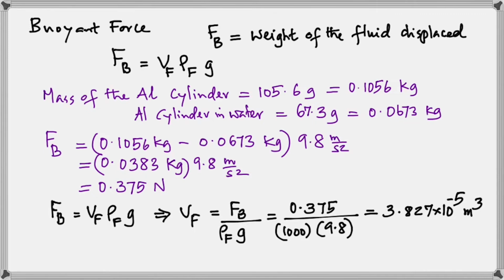See where I'm getting to? So be ready for that. So write that down. So in this case, not every case, if the whole thing is gone under any fluid, then their volumes are equal. So in this case, volume of that aluminum cylinder is exactly the same.